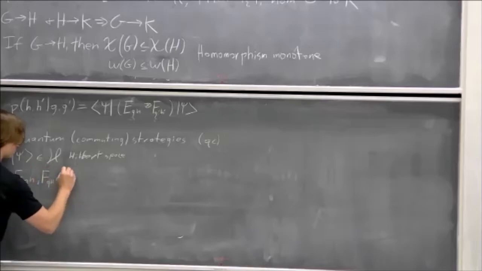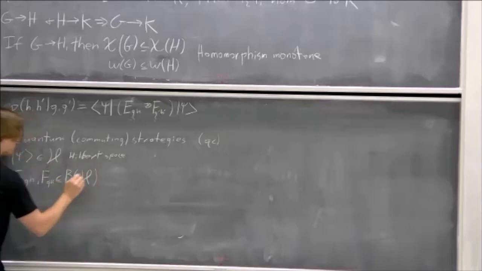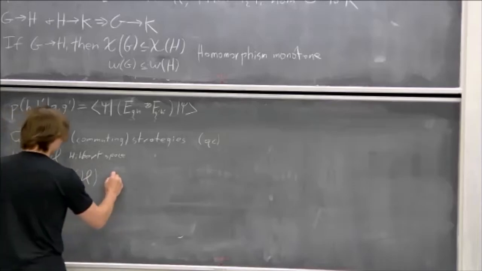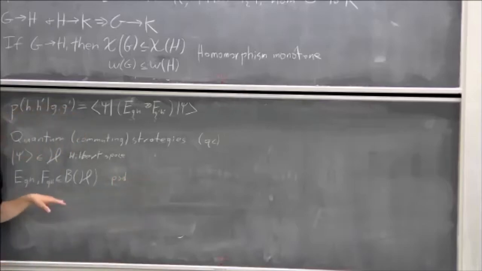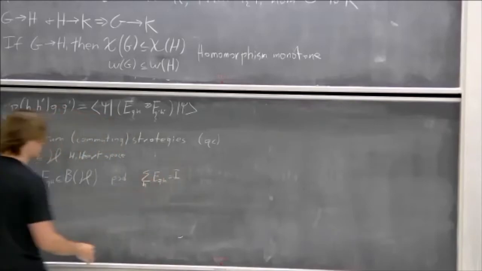These are bounded linear operators on H, so they're sort of living in the same space, the E's and the F's. And of course, they're also positive operators, and they have this summing to identity condition, right? Okay, also for F.